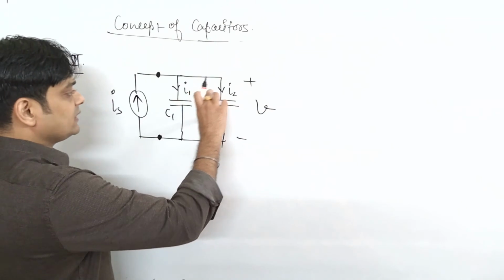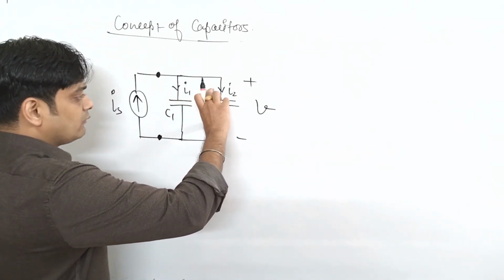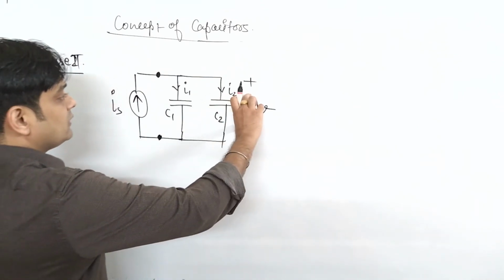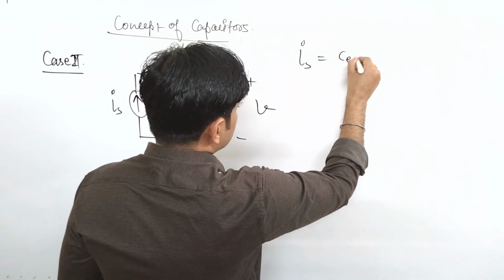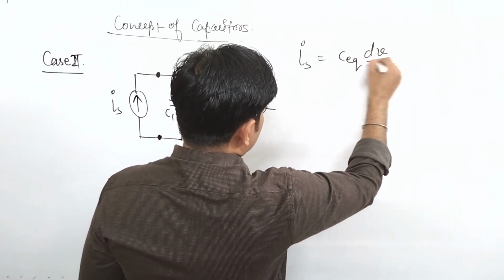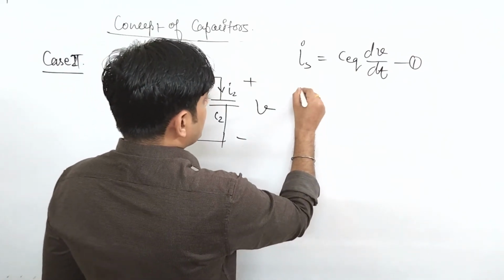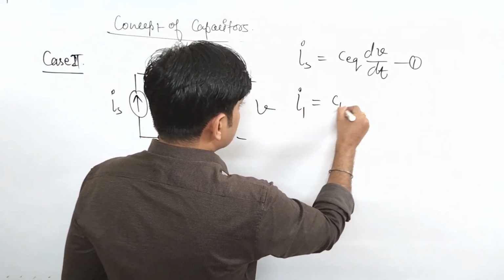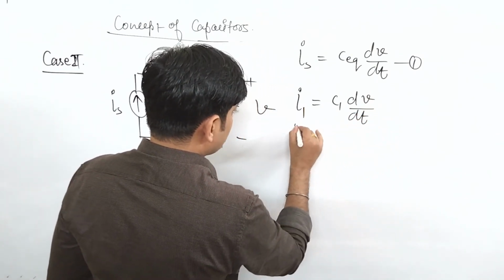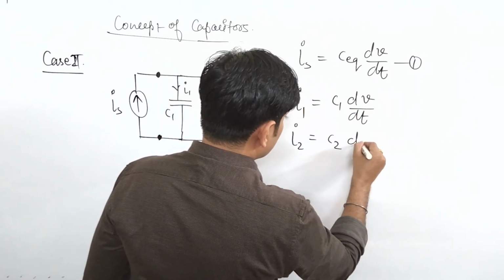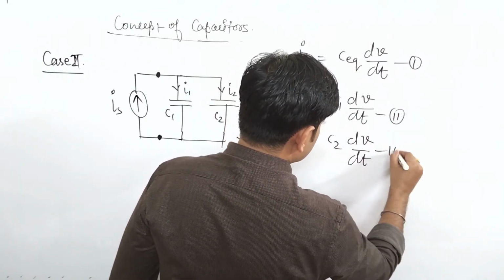Because when the capacitors are connected in parallel, whatever voltage appears here is the voltage appearing here. So if V is the voltage, Is is equal to C equivalent dV by dt. This is your equation first. Similarly, I1 is equal to C1 dV by dt, and I2 is equal to C2 dV by dt. This is second, this is third.